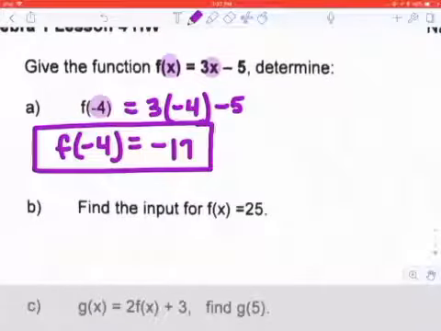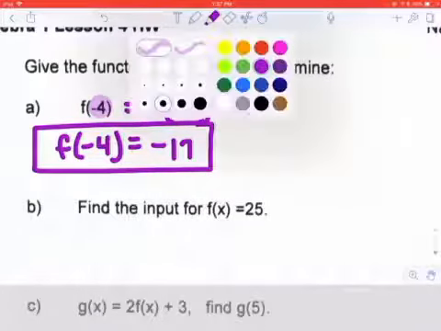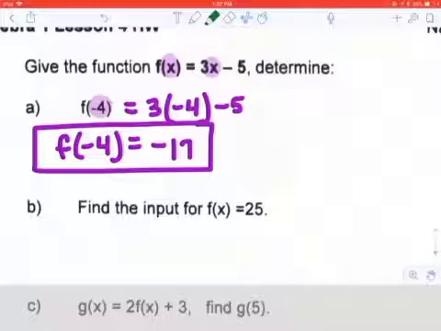B is a different question. B is now saying, what x gives you 25? X is still unknown. That's why it's here with f of x. We want to know what x value will make the function equal to 25. So we're not substituting 25 in for x. We're substituting 25 in for f of x.